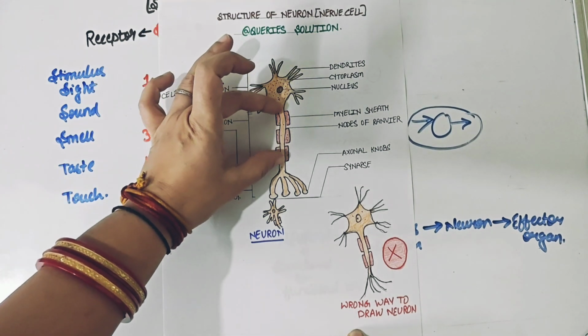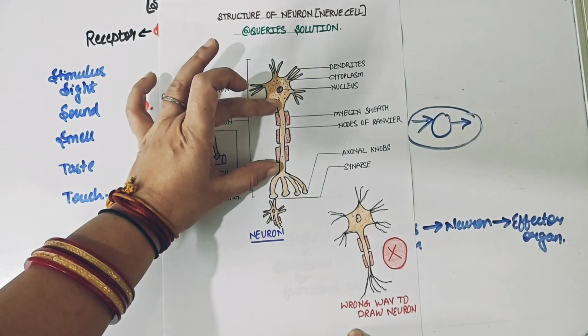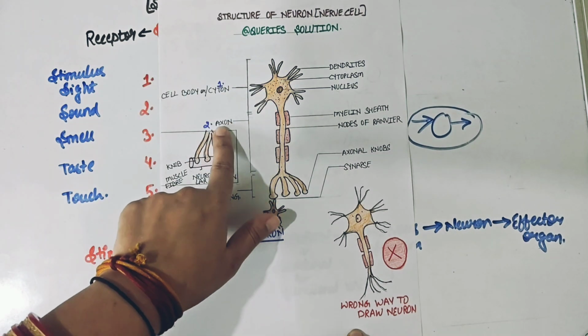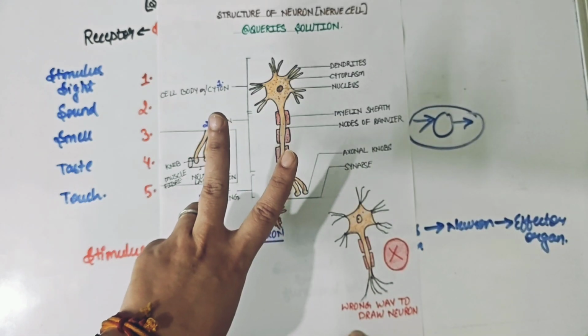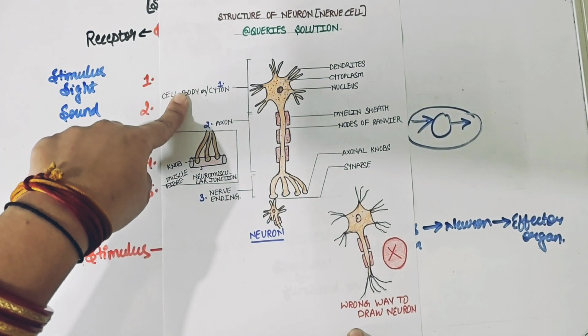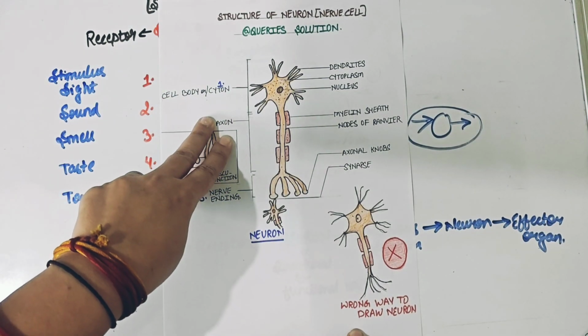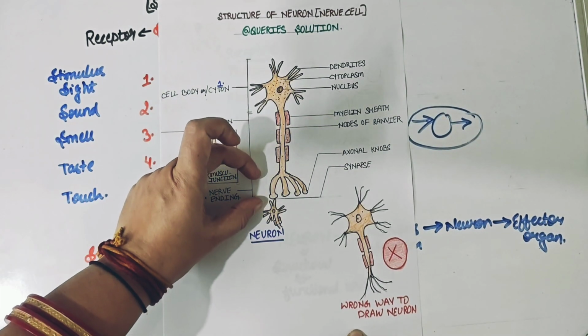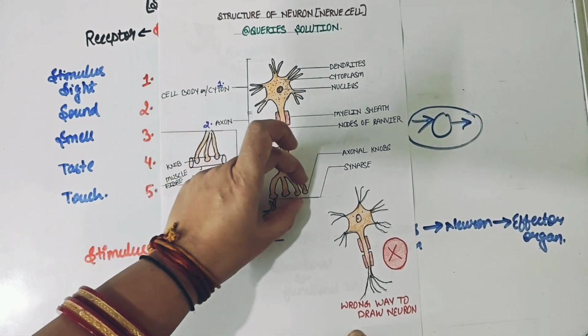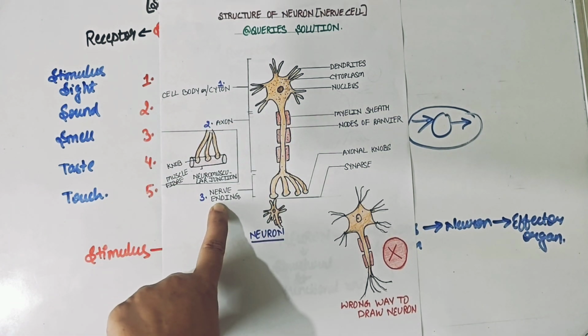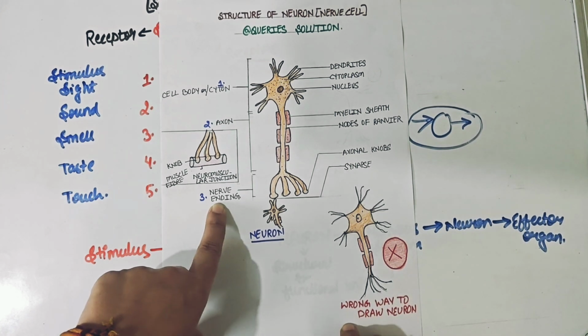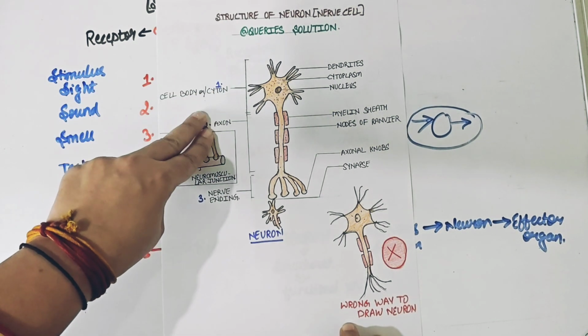The second long elongated pipe kind of structure that you are looking at is known as the axon. So that's the second important part of a neuron. First one being cyton, second one being the axon. And the ending over here, the last part, is known as the nerve ending. So these are all the different parts of a neuron that we study: the cyton, the axon, and the nerve ending.